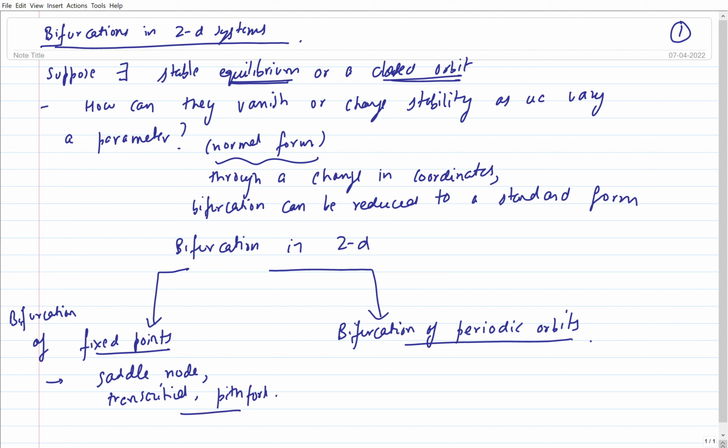Over here we can see that similarly we can have stable and unstable periodic orbits, cycles, merge, like it happened with the saddle node. Two fixed points came very close and disappeared. Or we can have a saddle node bifurcation of cycles.